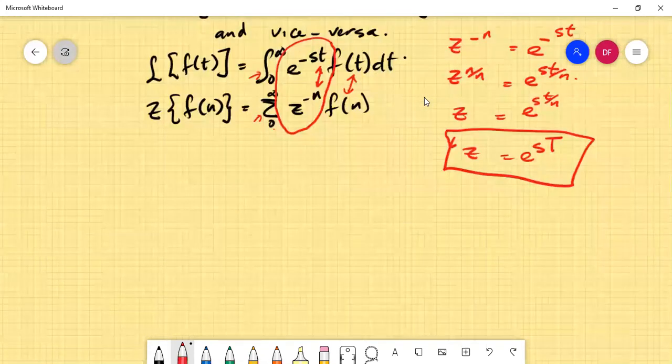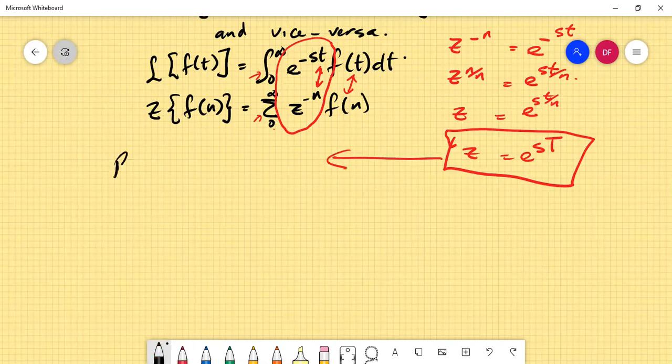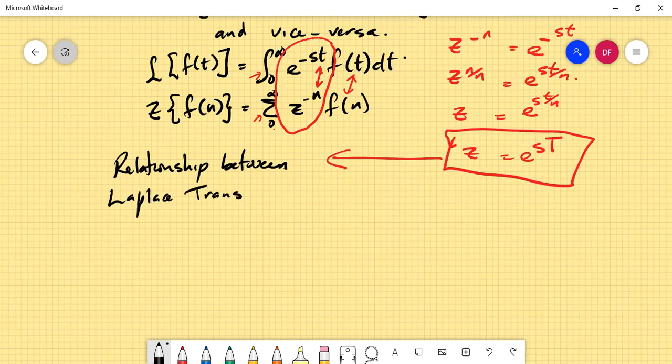So what we are saying is that this represents the relationship between the Laplace transform and the Z transform.